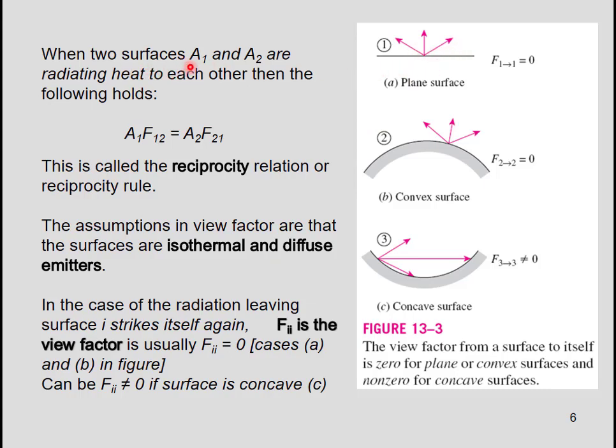And when two surfaces with the surface areas of A1 and A2 are radiating heat to each other, then we can write this equation: the surface area of surface 1 times the view factor from surface 1 to 2 is equal to the surface area of surface 2 times the view factor from surface 2 to surface 1.